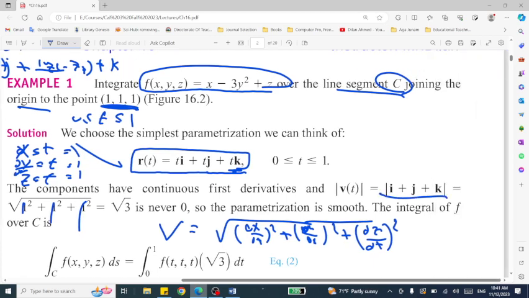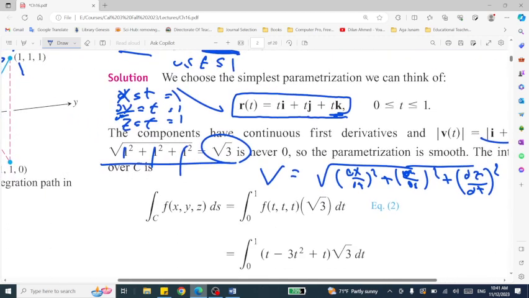Here we are. Here's the result. I'm going to change ds to v dt and f(t), then from 0 to 1. Why 0 to 1? Because t is between 0 and 1.